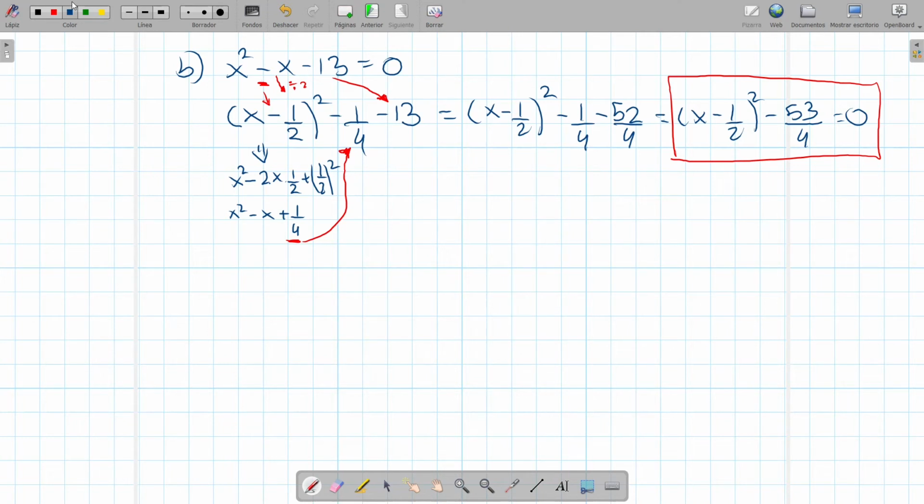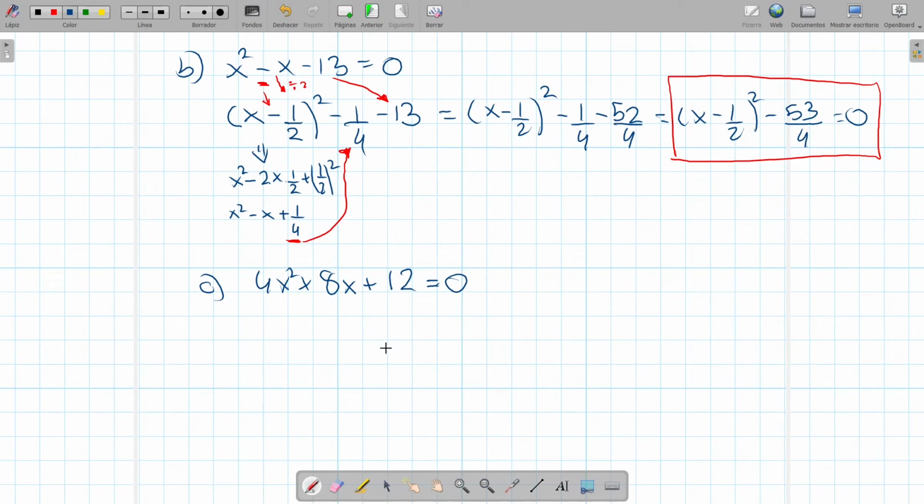Sometimes they give you something like this: 4x squared plus 8x plus 12 equals 0, and they say complete the square.